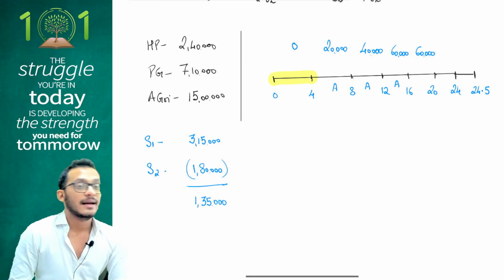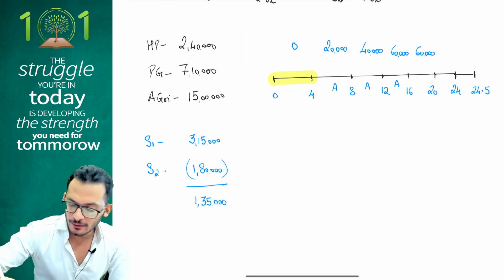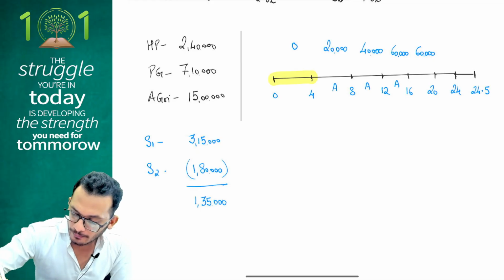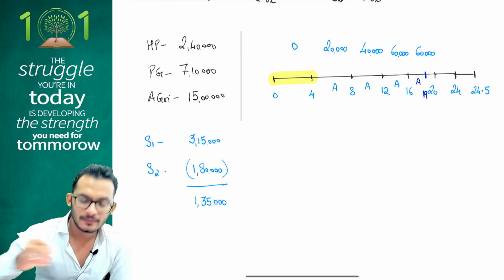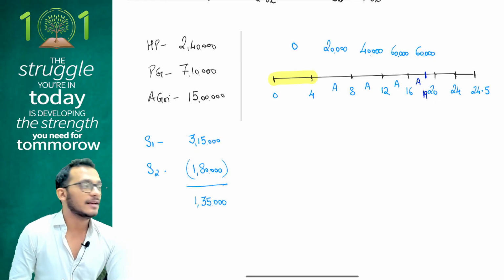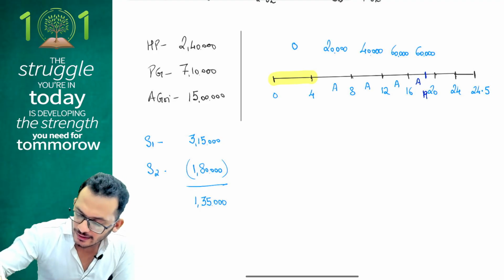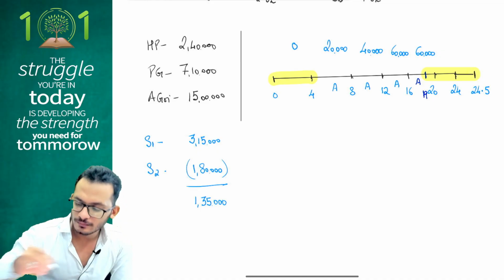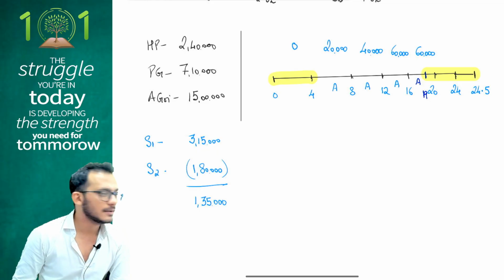Now state will say how much is pending for him. 3 lakhs is pending, so I will create a middle line at 19. Up to here it will collect by state. After this everything will go to central. The line difference, 19 to 24.5, is 5.5 lakhs. This 5.5 lakhs is to my central.